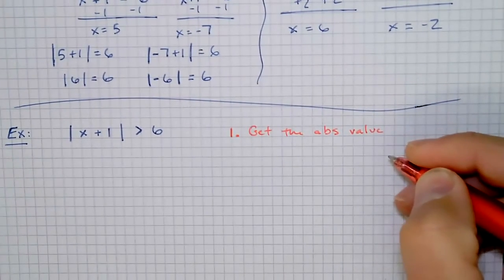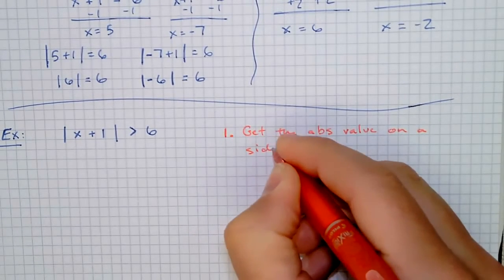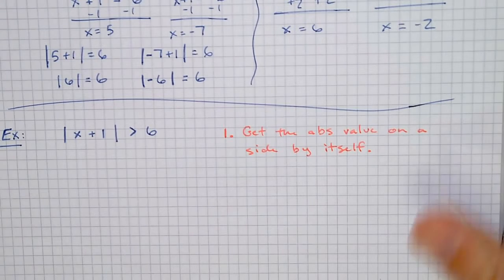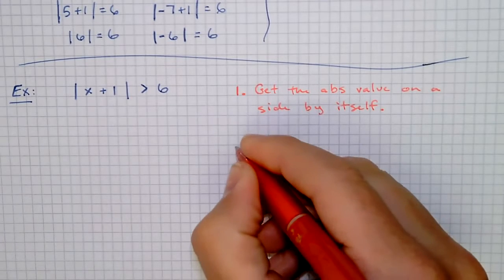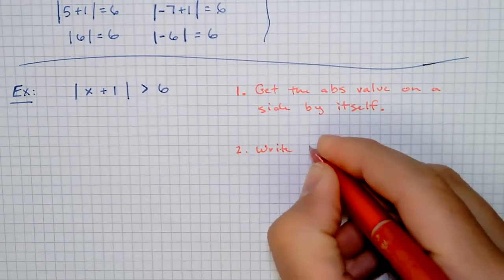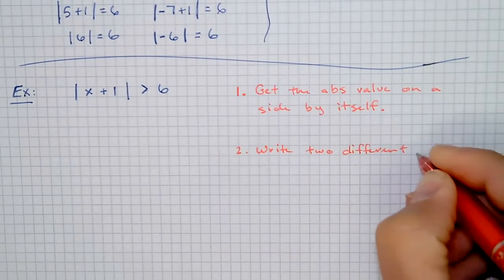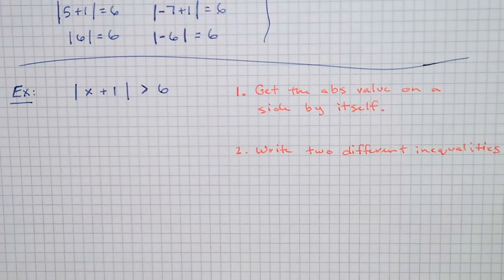Whenever we're solving this, step one is to get the absolute value on a side by itself, and in this example, it's already done. And then from there, we're going to write two different inequalities.